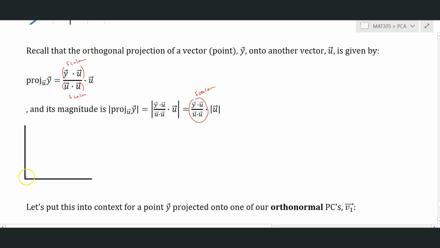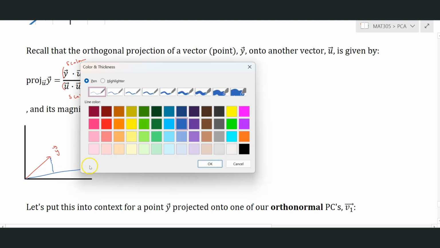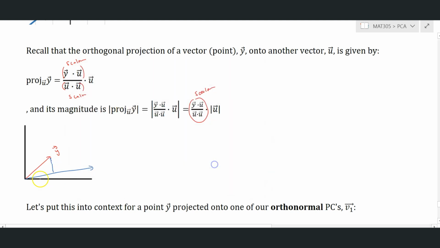Okay, so let's imagine that here is our vector y, and we want to project that down onto vector u. Okay, now down onto is relative, but here I want to write this projection right here. And that point that I get of that 90-degree projection right here, this new point, or vector if you want to call it that, I am going to refer to as the projection of y down onto u.